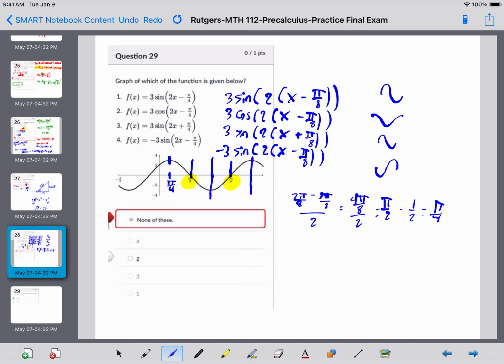This here would be pi over 4 plus 3 pi over 8. I mean pi over 4 plus pi over 4. I mean, it definitely shifted over right pi over 4.